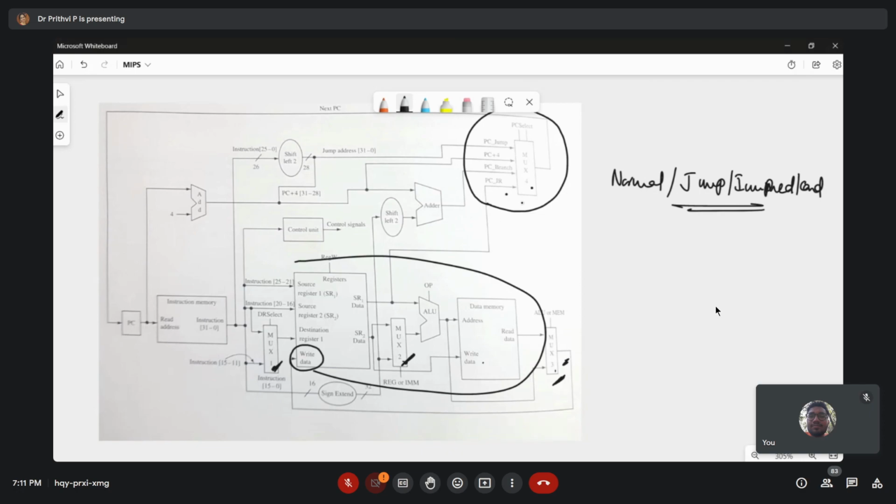Now this fourth mux will be selecting one of the four possible program counter values. This depends on what type of instruction you are taking in. All the four instructions we have seen: this is your normal arithmetic operation, this is your jump operation, this is your conditional operation, this is unconditional operation.